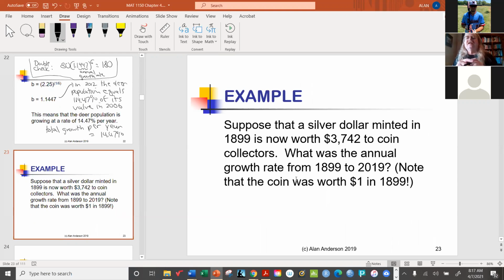Now, this is one of my favorite examples because it does involve an asset, but it's not a stock or a bond. It's a silver dollar. Now, you may not be aware of it, but up until 1964, all of our coins, except for pennies and nickels, were made out of silver. Why did they have to stop making them out of silver? Because the silver was becoming too valuable.